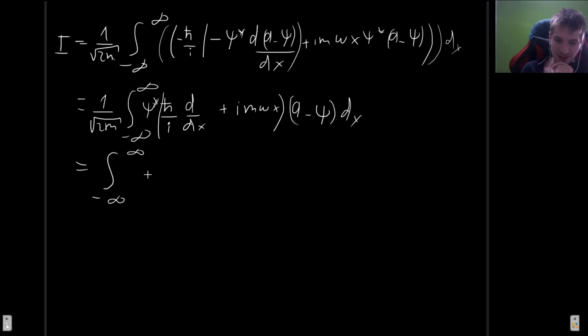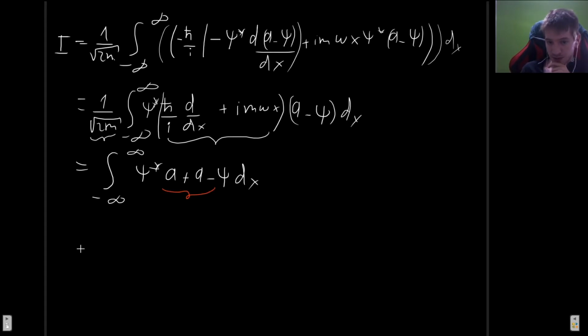from minus infinity to infinity of psi conjugate a plus, which is this right here, and considering this 1 over 2m, of course, times a minus psi dx. But what is this right here?